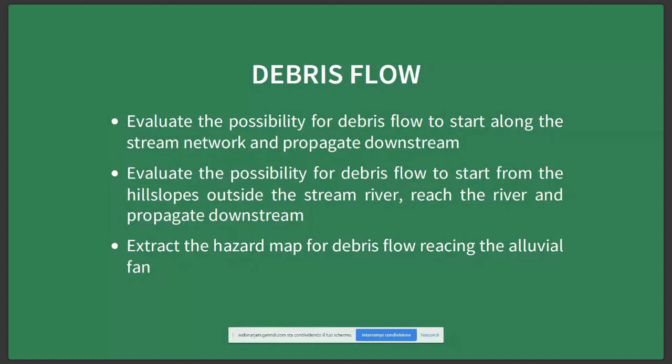In particular, in the HortonMachine, there are tools to evaluate the possibility for debris flow to start along the stream network and propagate downstream, or the possibility for the debris flow to start from hill slopes outside the stream network, reach the river, and then propagate downstream, and then finally extract the hazard map for debris flow on the alluvial fan.